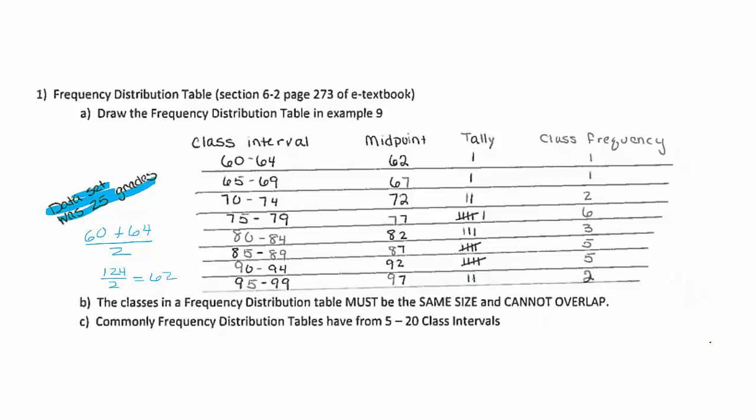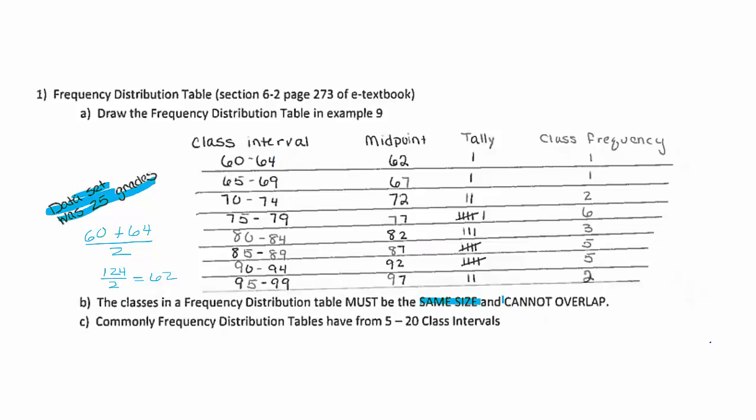When you set up your own frequency distribution table, there's a couple things to keep in mind. The first thing is that the classes must be the same size. So each of these, we see 60 to 64, 65 to 69, has exactly 5 values in it: 60, 61, 62, 63, 64, all in this class.